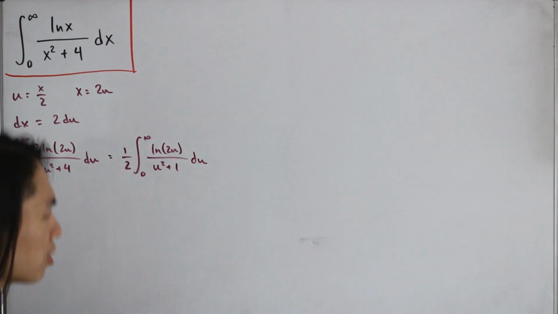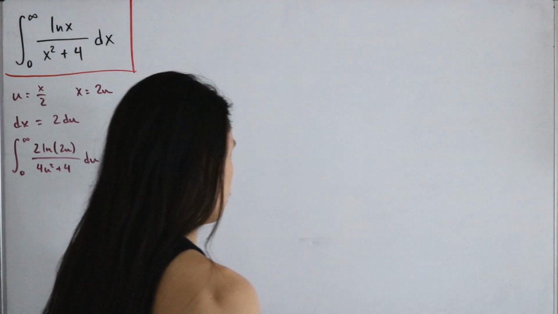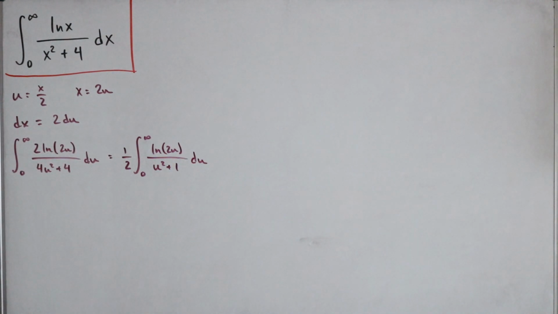From this step, let's apply some natural log properties to separate this out into a form where we can use linearity of integrals. We have a product inside the natural log, and we know ln of 2u is the same as ln of 2 plus ln of u.